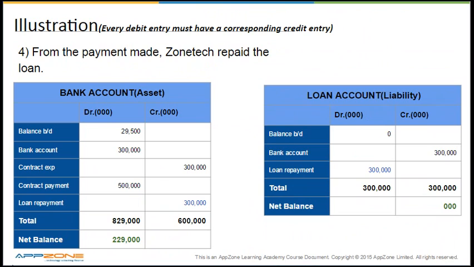Notice that the net balance on our loan account is 0. That is because this particular book, our loan account, the debt has been settled. That is the indication it is a liability. The liability itself had been settled.